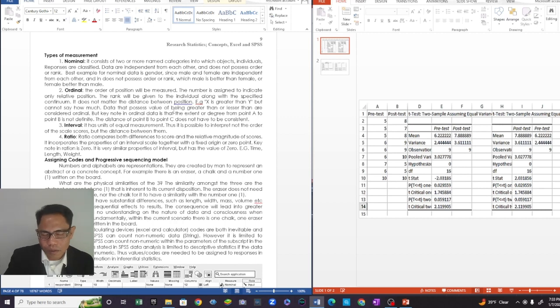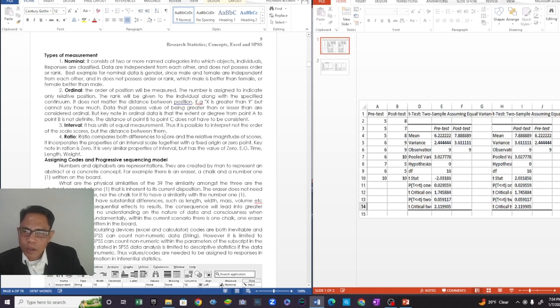We'll explain that further when we go into real data or real information that we can categorize whether they are ordinal, interval, or nominal. And the fourth one is ratio.